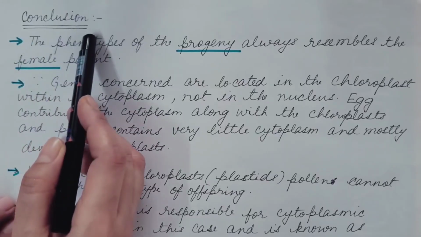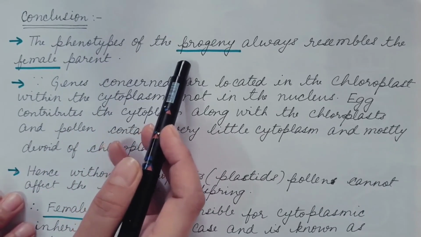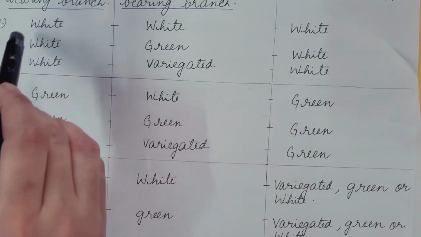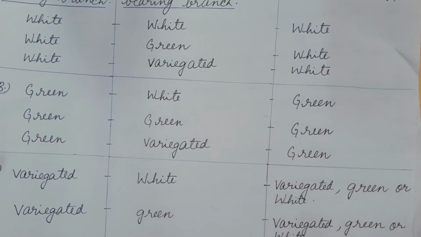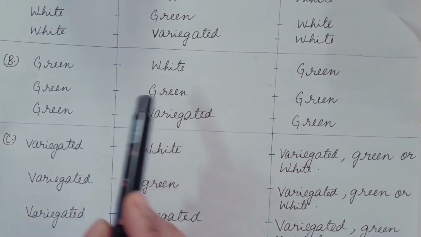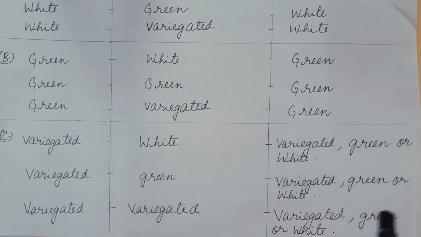So what we can conclude is that the phenotype of the progeny always resembles the female parent. If it's white, then white; if green, then green; and if variegated, then all 3 types: variegated, green or white.